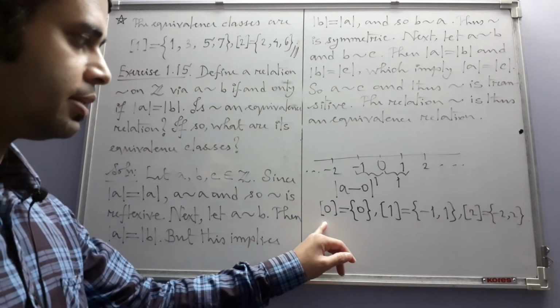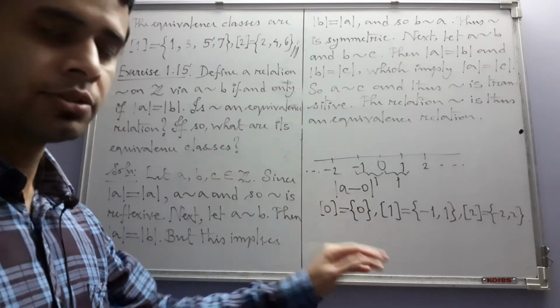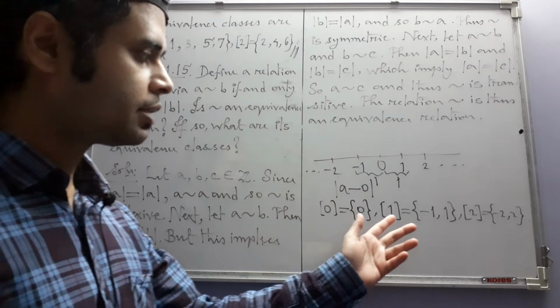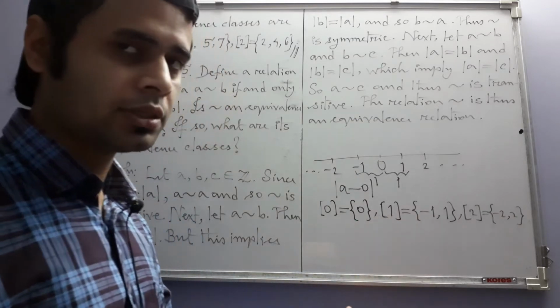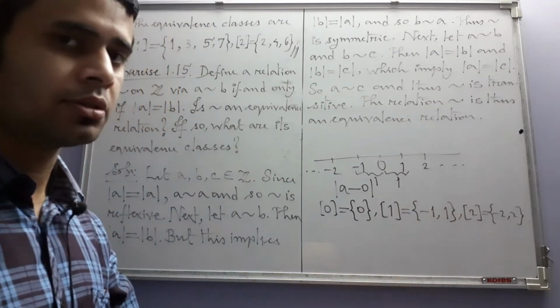That is, integers which are at a distance 0 from 0. There is only one such integer. Integers which are at a distance 1 from 0. There are two such integers. Integers which are at a distance 2 from 0, and so on.